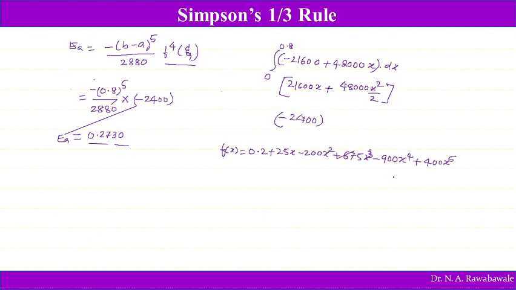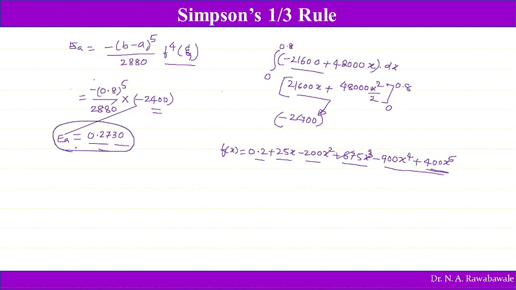This has to be differentiated 4 times. Once we differentiate, the first term becomes 0, then the next term becomes 0, the third time another term becomes 0, and the fourth time another term becomes 0. So only the differentiation of the last terms is going to remain, which becomes 21,600 minus 48,000x from the fourth differentiation of 400x to the power of 5. Again, integration of that becomes 21,600x plus 48,000x square divided by 2, and substituting limits of integration 0 and 0.8, we get minus 2400.